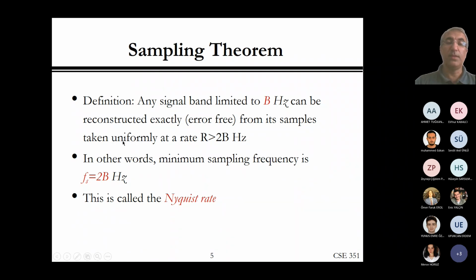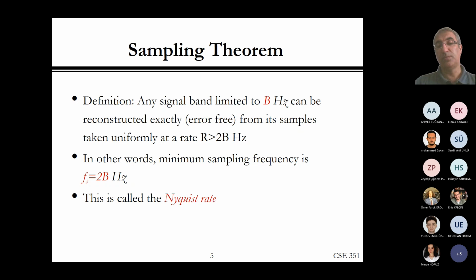So let's start with the definition. A technical definition is given as follows. Any signal band limited to B hertz, bandwidth B hertz, can be reconstructed exactly, error-free, from its samples taken uniformly at a rate greater than 2 times this bandwidth.